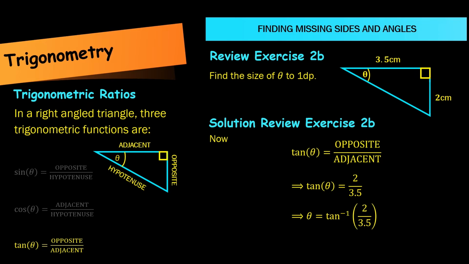And rearranging this gives us that theta equals tan inverse of 2 over 3.5, which implies that theta equals 29.7 degrees.